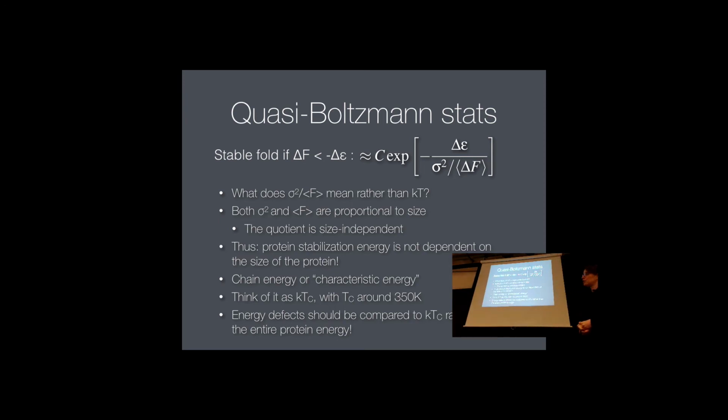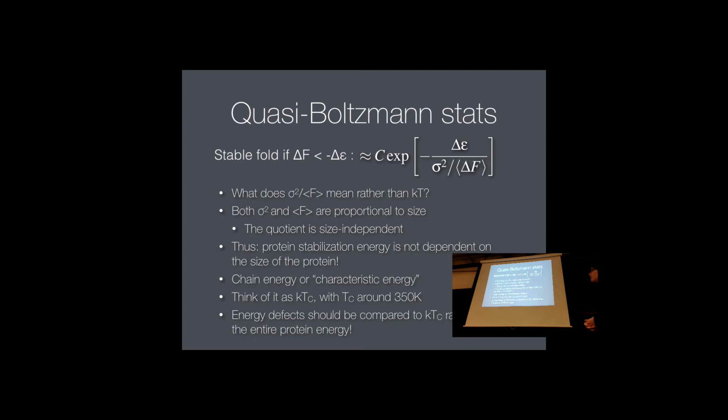You may recall that sigma square and the mean are proportional to the size of the sample, but the ratio of sigma squared over delta F is size independent. So this means that this characteristic energy will not depend on the total size of the sequence.